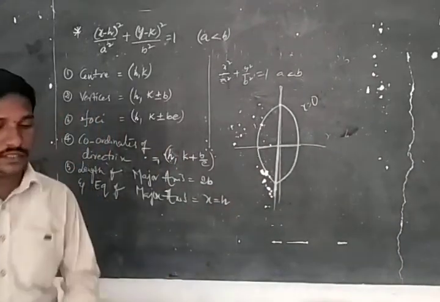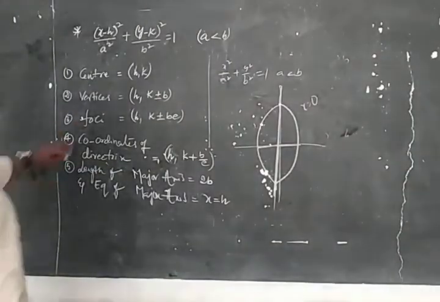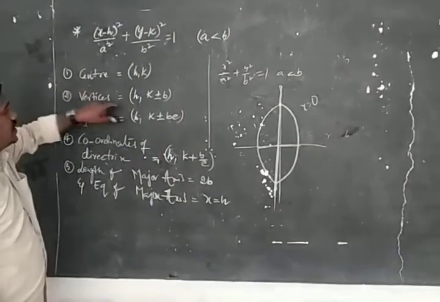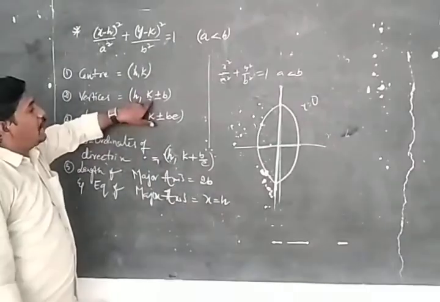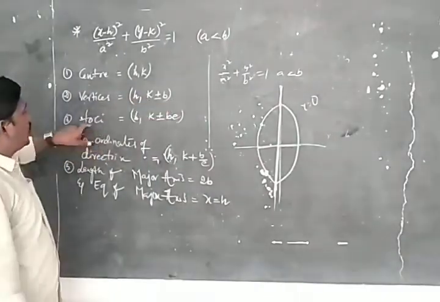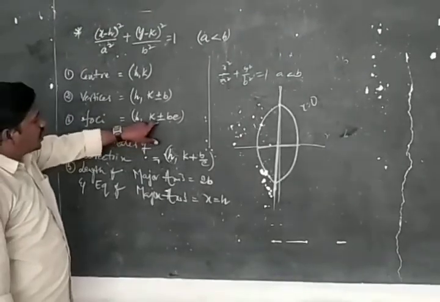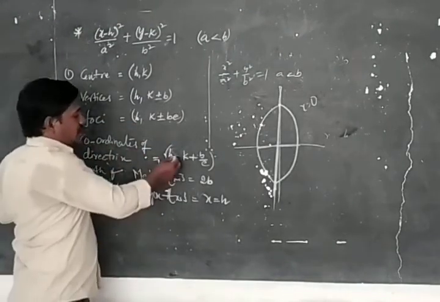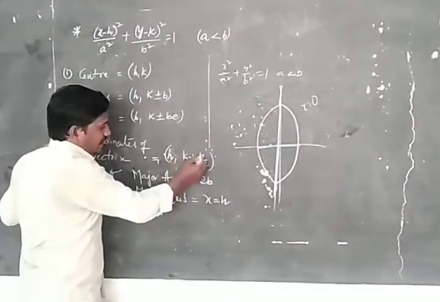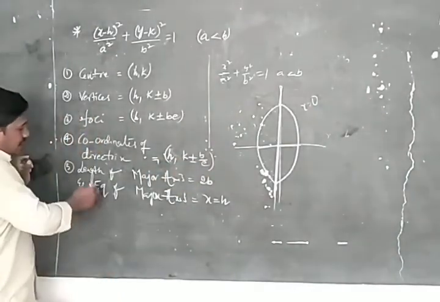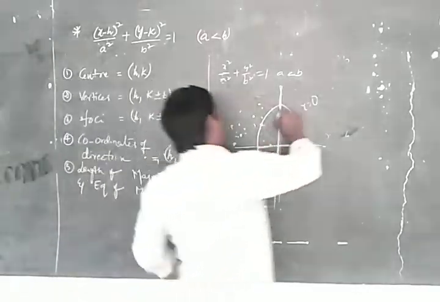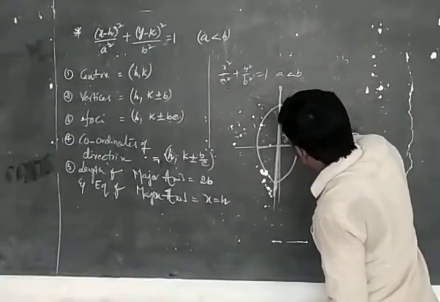Look at once: center h comma k, vertices h comma k plus or minus b, foci h comma k plus or minus b, coordinates of the directrix h comma k plus or minus b by e, and length of major axis is 2b.